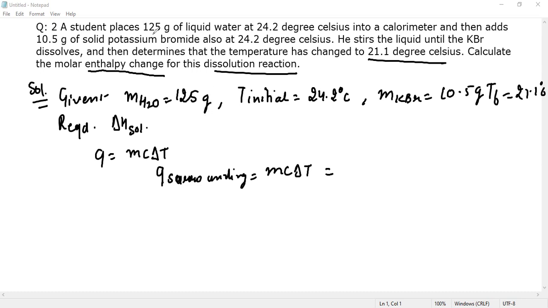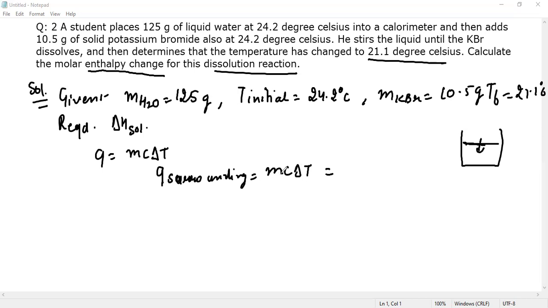The student is placing liquid water at 24.1 degrees Celsius into a calorimeter. So let's say this is your calorimeter, and he places some water here, and then he is adding the KBr into it. The question asks for the molar enthalpy change for this dissolution reaction. Because water is your surrounding here, that's why we are writing surrounding. Q surrounding would be equal to mc delta T.